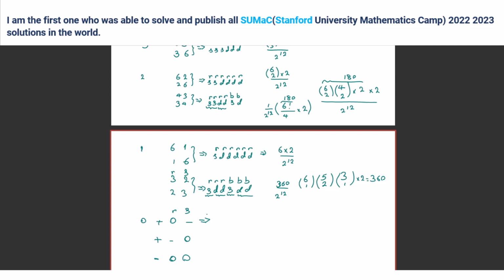What's the probability that R is 0? 1 over 64. Also, what's the probability of this? 1 over 2 to the 12. So here it will be 2 over 2 to the 6 minus 1 over 2 to the 12.